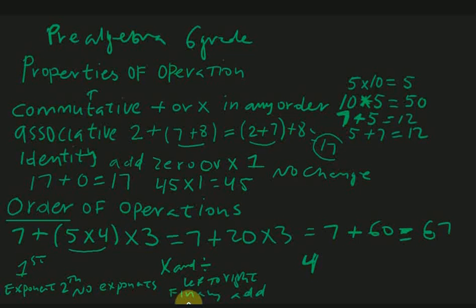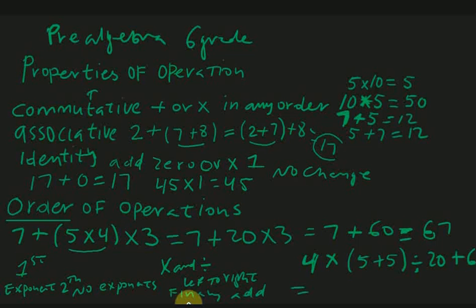Let me show you one more problem. What if the multiplication comes first? I'm trying to mix things up here. Say 4 times parentheses 5 plus 5, then you divide by 20, and then you add 6.